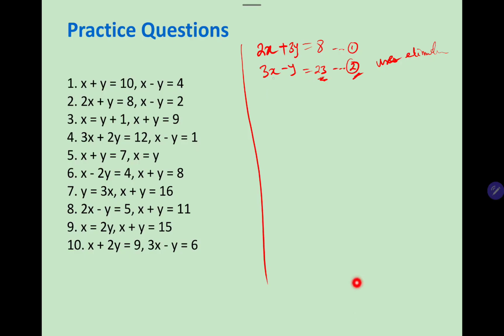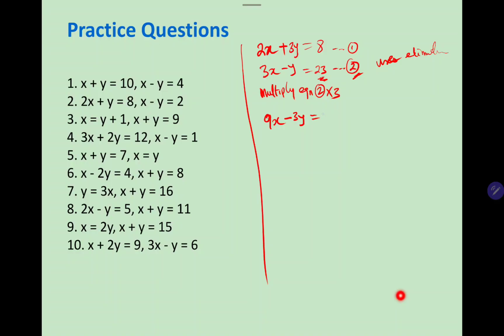We can multiply equation 2 by 3. So if we multiply equation 2 by 3, we're going to have 3 times 3x will be 9x, 3 times minus y will be minus 3y, 3 times 23 will be, 3 times 3 is 9, 3 times 2 is 6, 69.